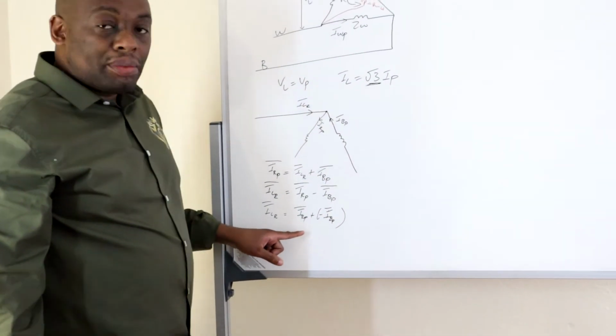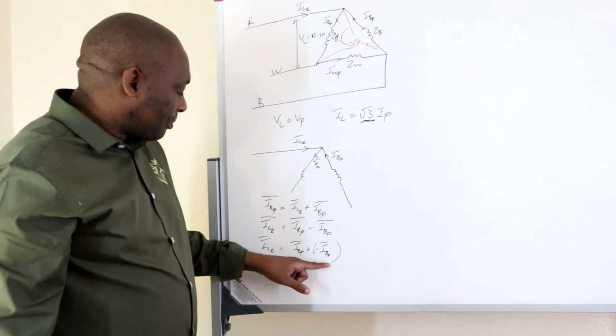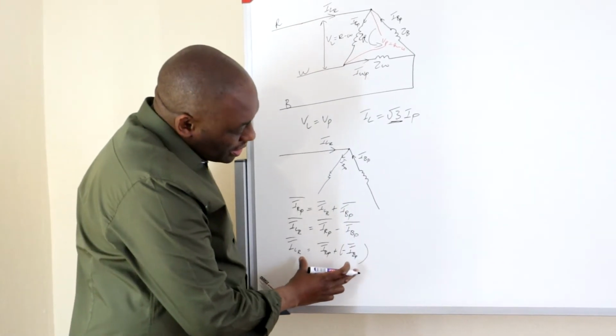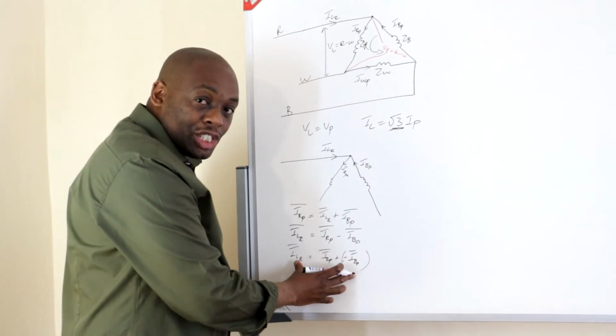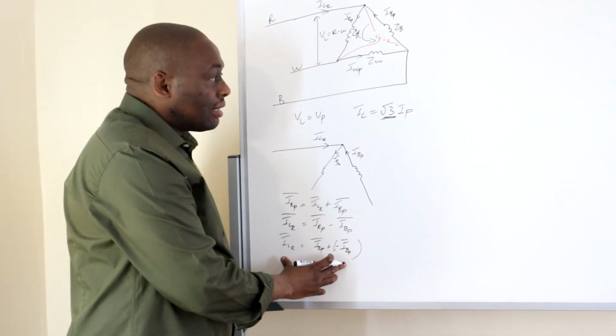We can also express it in this way. So now we need to draw the phasor diagram to check the relationship between our line current and the phase current.